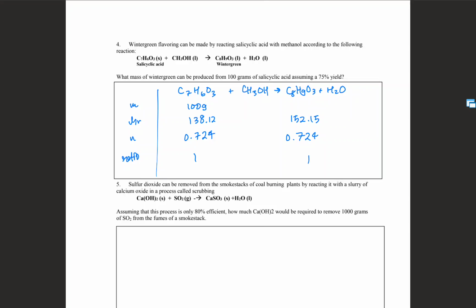We multiply them together, standard protocol, which will give us 110.1 grams. Now, we also know that there's a 75% yield, so you're going to have to multiply it by that to get 82.67 grams.